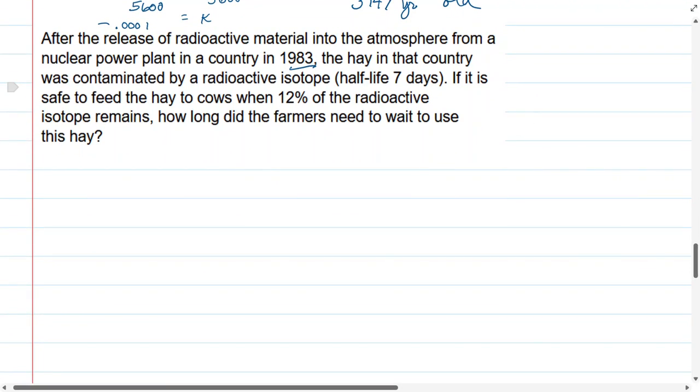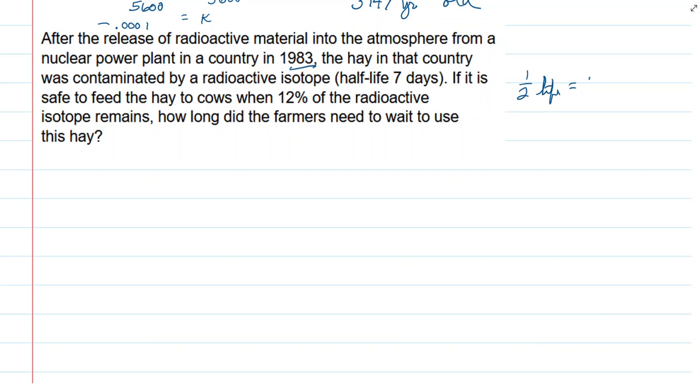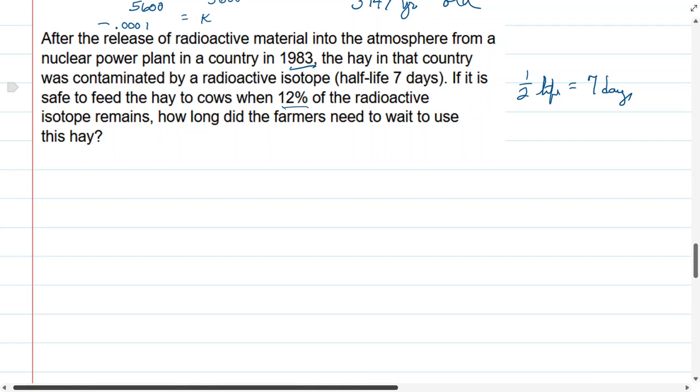All right. Half-life is 7 days, and it is safe after it reaches 12% of the radioactive material remaining.